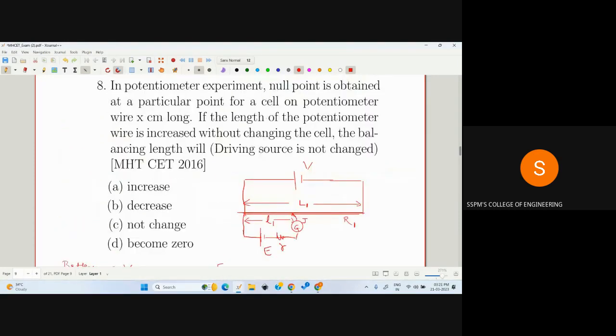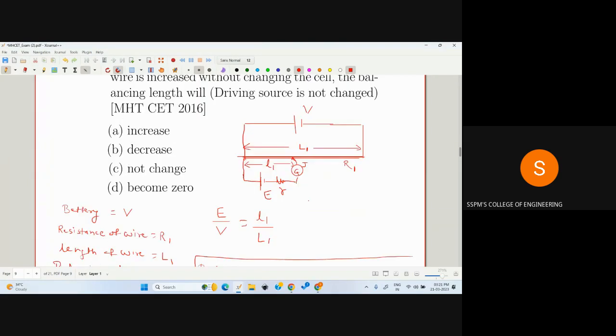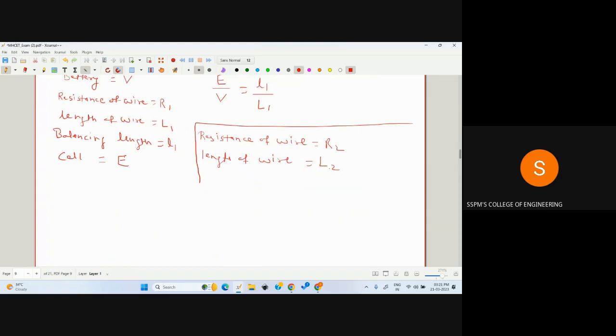If the length of potentiometer wire is increased without changing the cell, it means the length of the wire is now L2, and L2 is greater than L1 always. The cell is E. These are given, and the balancing length, let's consider small l2.